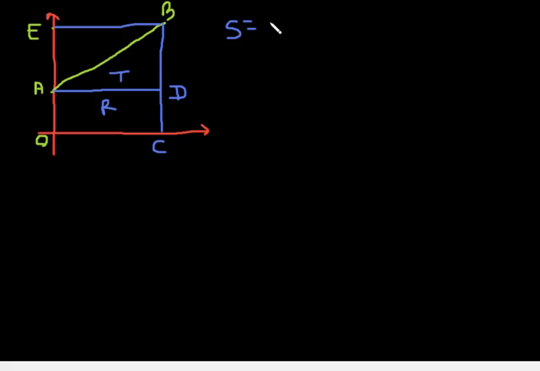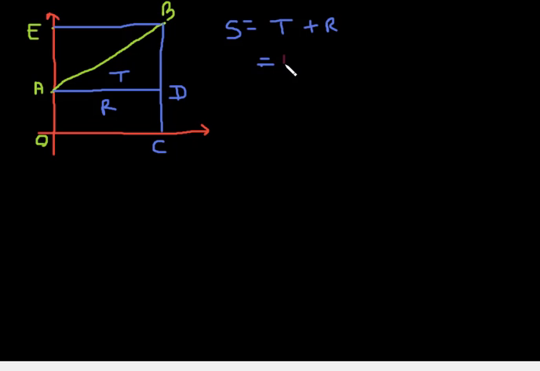S equal to area of triangle plus area of rectangle. So what is the area of the triangle? Everyone knows the area of a triangle is half into base into height. Here the base is AD and the height is BD.